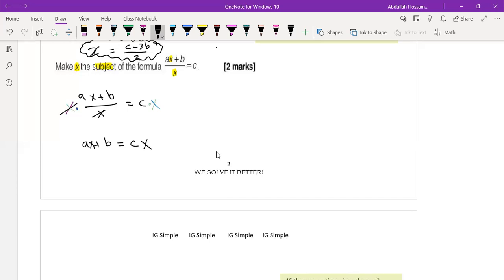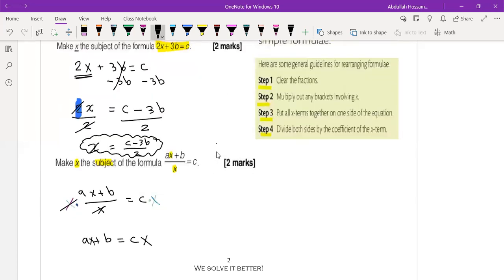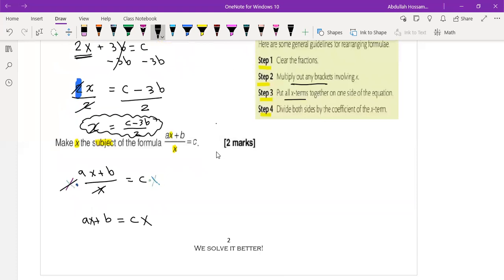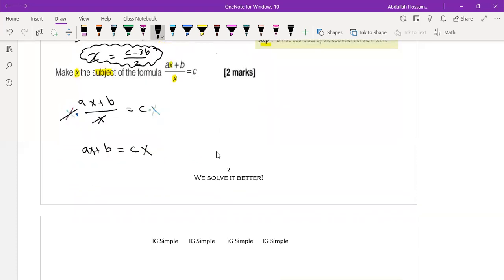Then multiply out any brackets. I don't have any brackets, teacher. Then put all x terms together. How? Yes, I can subtract ax from both sides.